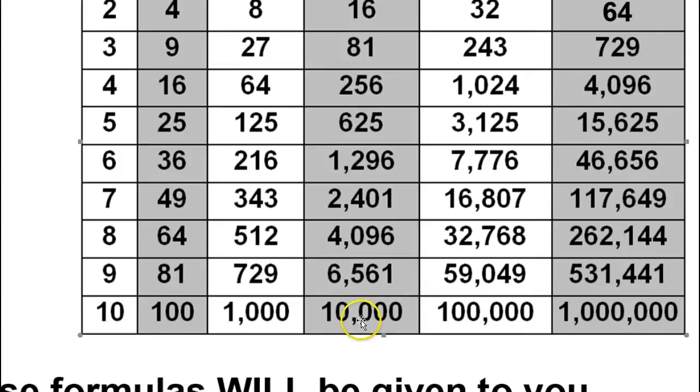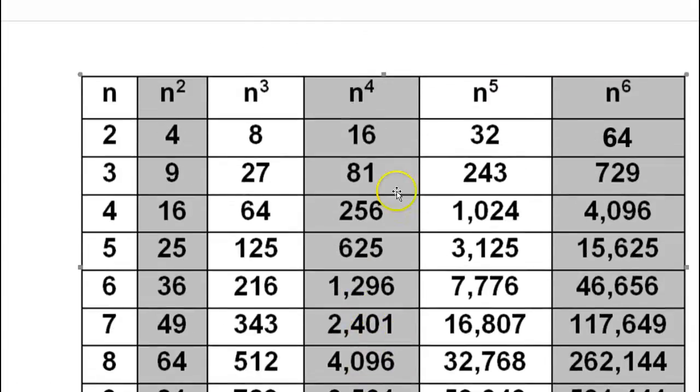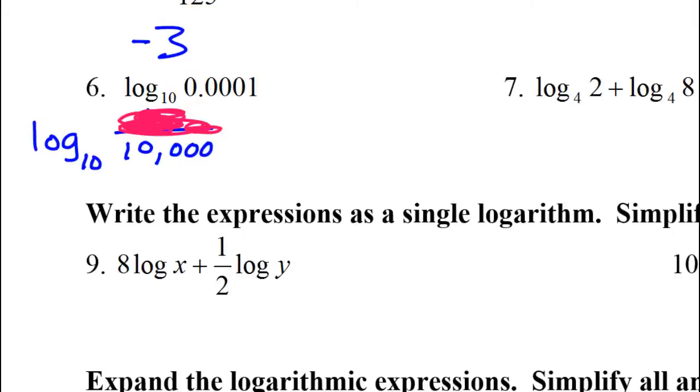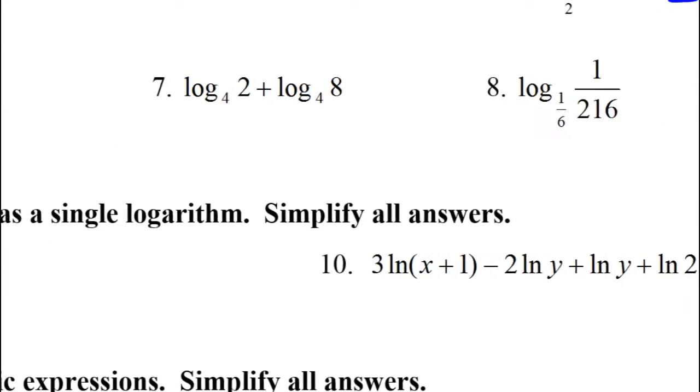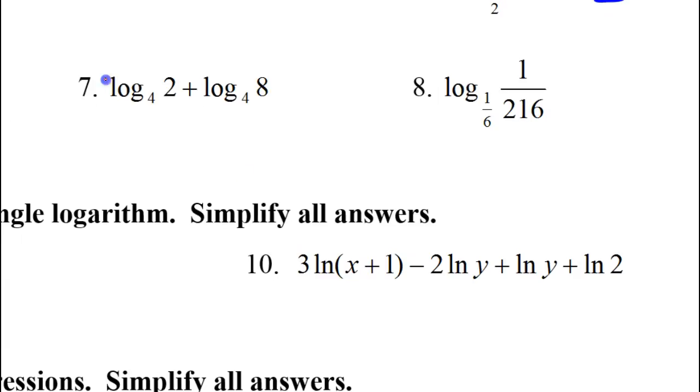All right, it's right here in this gray column. That's 4. So I go ahead and write down 4, but what's the answer really going to be? It's really going to be negative 4 because it's really 1 over this. So negative 4 would make that happen. Okay? All right, just jump in if you have any questions, guys.